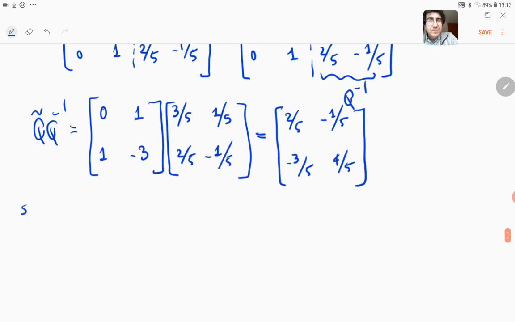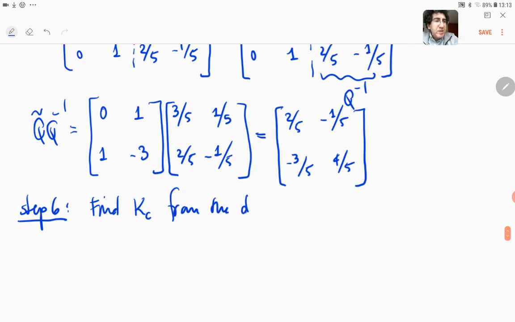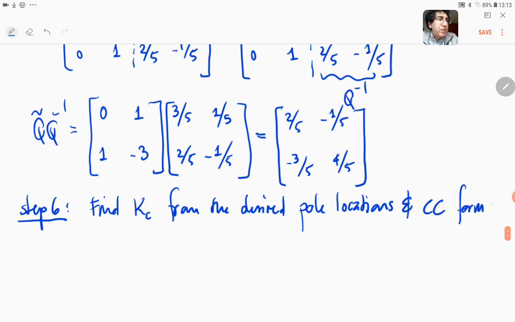Step 6. Find Kc from the desired pole locations and the controllable canonical form.